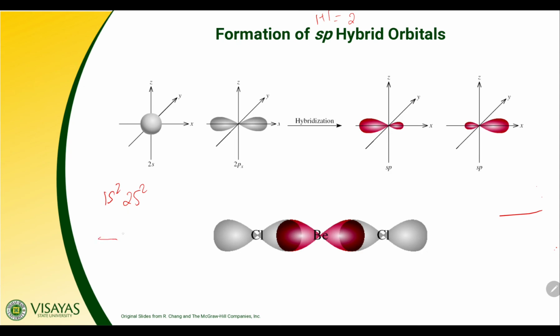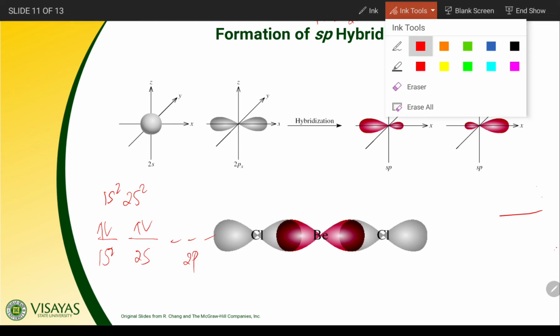However, if that's the case, beryllium wouldn't have been able to bond with another atom. So what happens here is that one of the electrons in 2s goes to one of the p orbitals, same with boron and carbon.